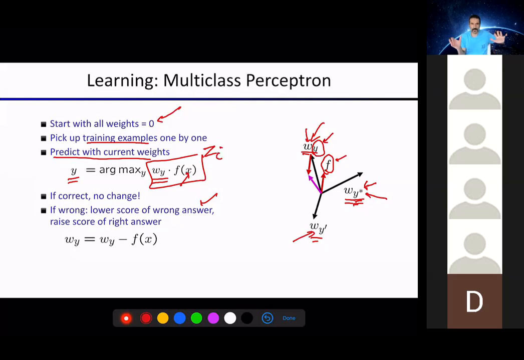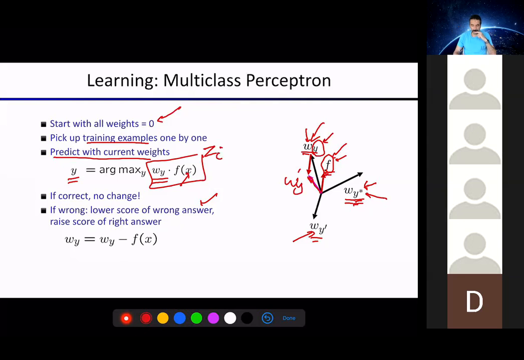So here we have three classes, right? Make sure you understand this. We make an adjustment to the weight vector associated with the label or class that was incorrect. We need to move that away from this feature vector by subtracting this feature vector. So this is the new weight vector, W prime y, associated with label y, which was incorrect for this particular example.